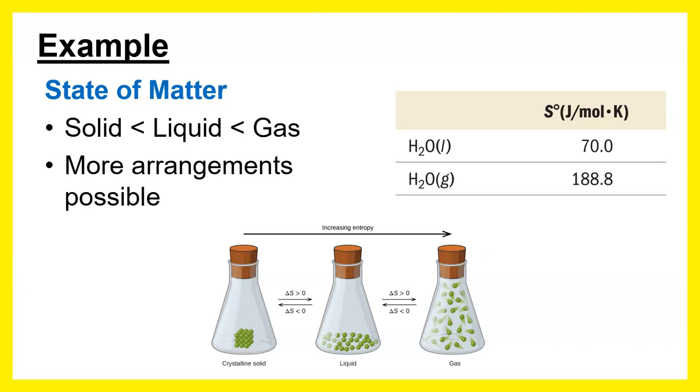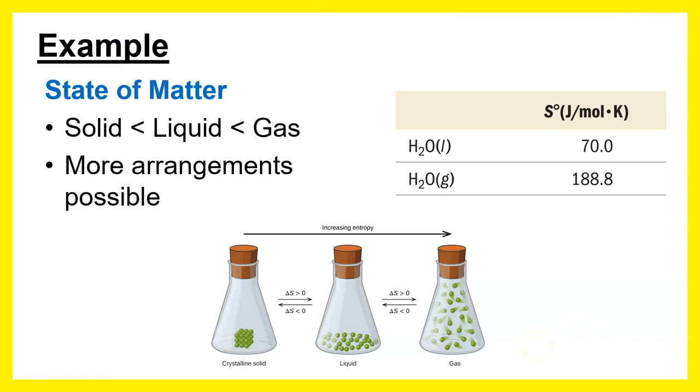You're going to have way more arrangements as those particles can spread out. And you can see here, here's an example. Liquid water to gas. Now, you should notice that the Kelvin is there, right? Because this is temperature dependent. So that's something to think about as well.